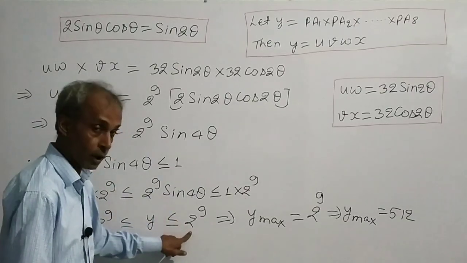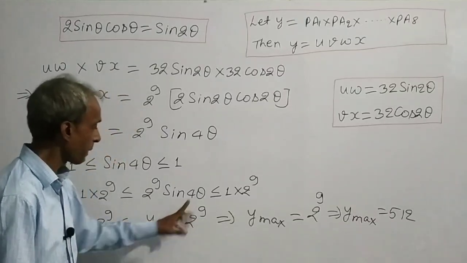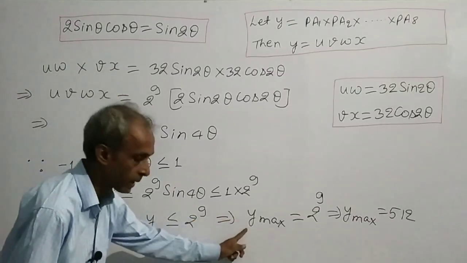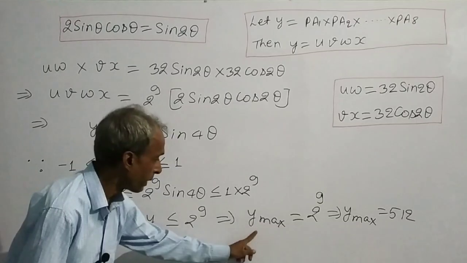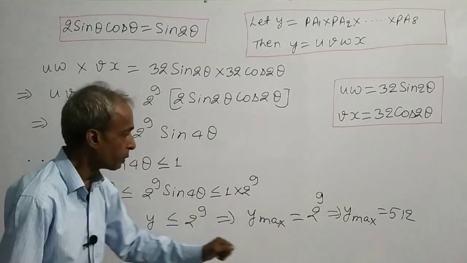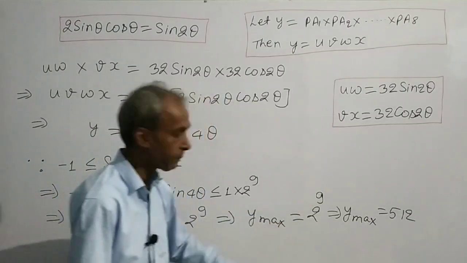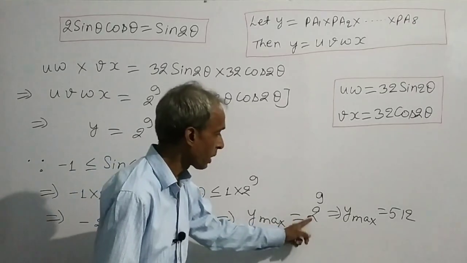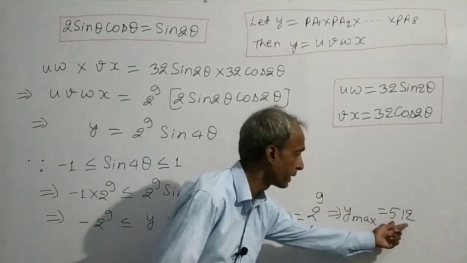It can be equal or less than 2 to the power 9. That means the maximum value of Y will be equal to 2 to the power 9, and 2 to the power 9 is equal to 512.